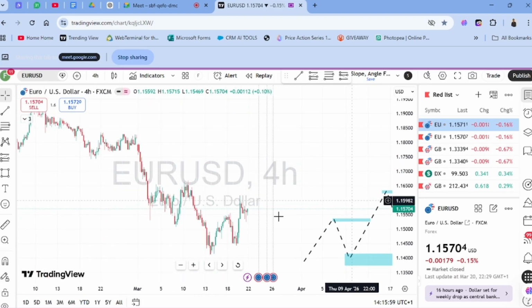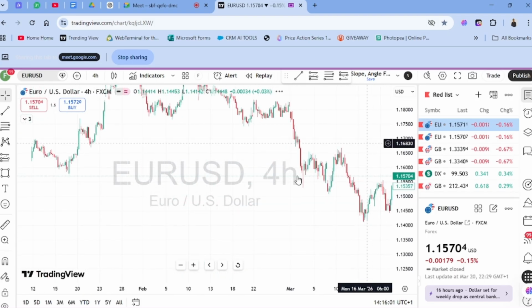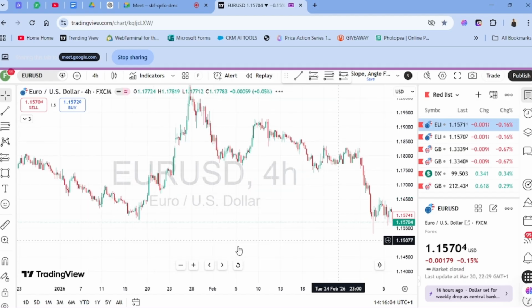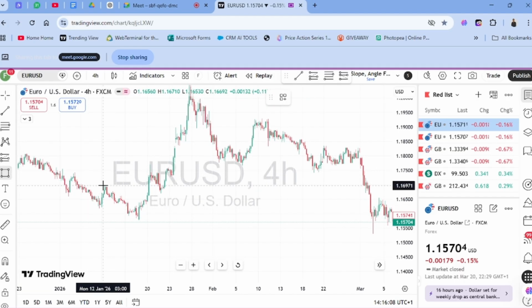Now I want to talk about imbalance. This scenario we have here is an example. Here, this was the previous structure, right? It broke. We call it a break of structure. And then a new high was created here.